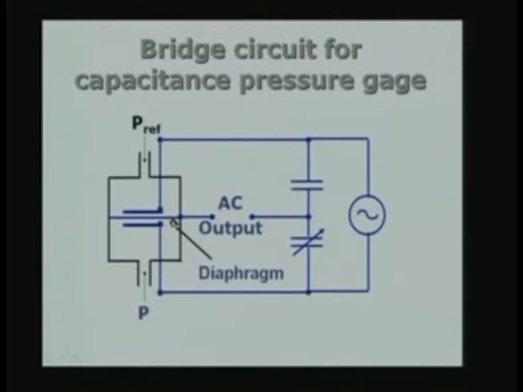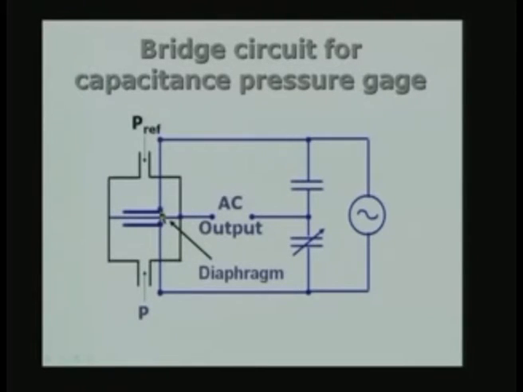So, this diaphragm is going to undergo a small displacement, and now I have got two fixed plates which are very sturdy, and which are not going to undergo any change in their position because of the applied pressure, and these are the two electrodes now, two parallel plates if you want to call it.